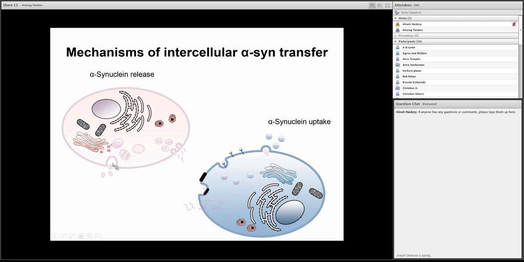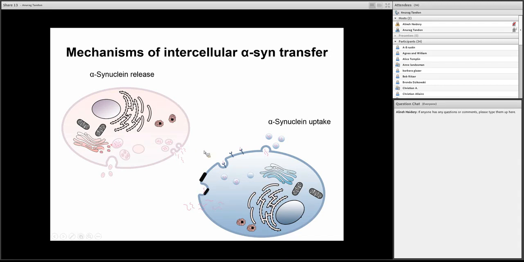So the things that we would like to target, of course, is blocking these type of structures from releasing alpha-synuclein, or being able to block this alpha-synuclein if it's in free form outside cells. And we know that synuclein is present in the brain in the extracellular fluid, so cerebrospinal fluid has quite a bit of alpha-synuclein. We can see it in blood.